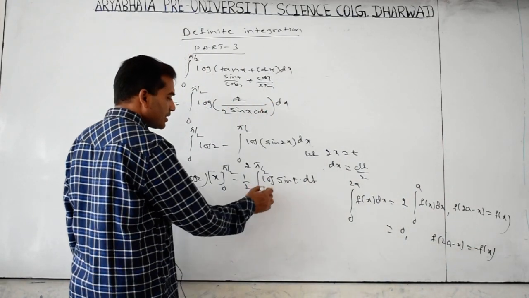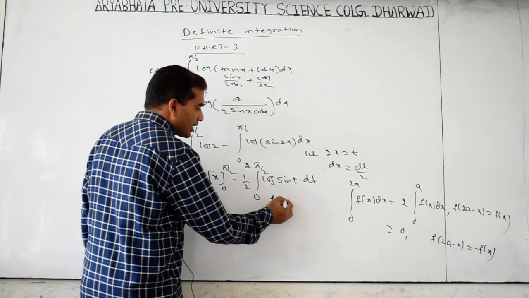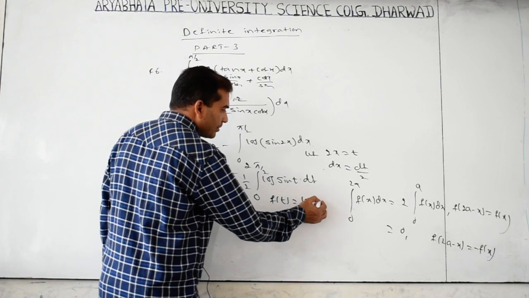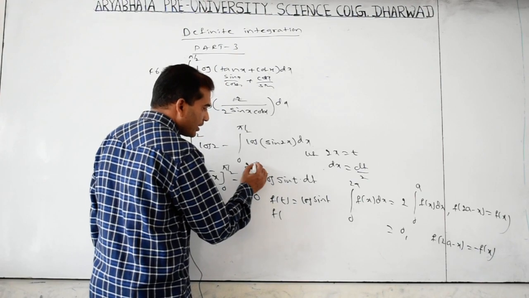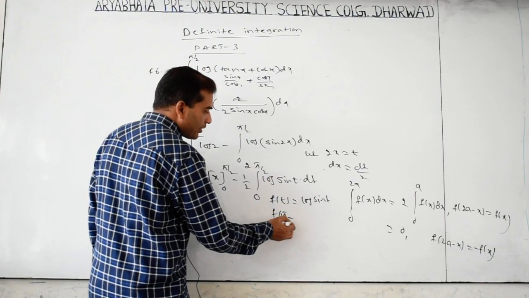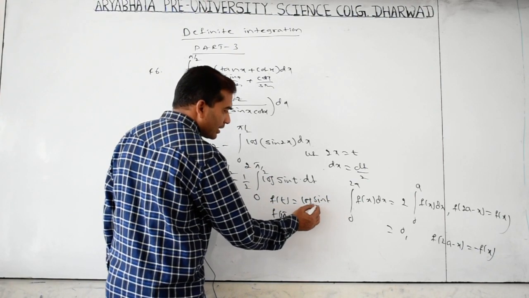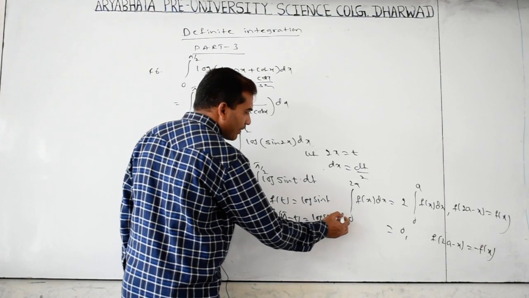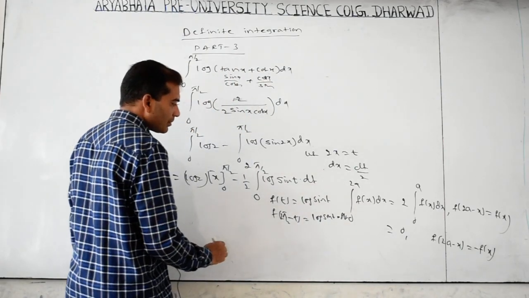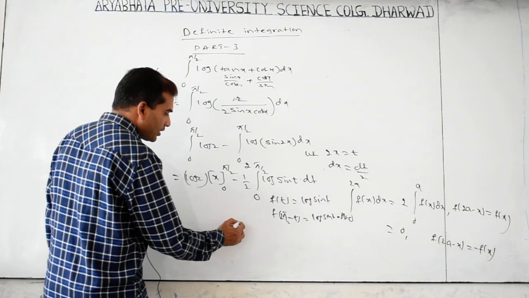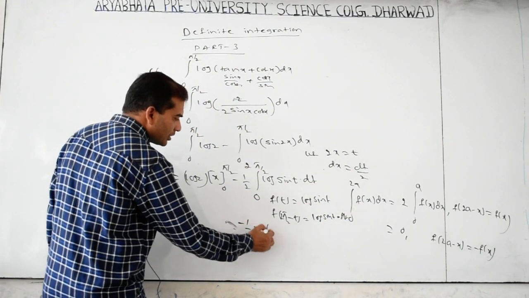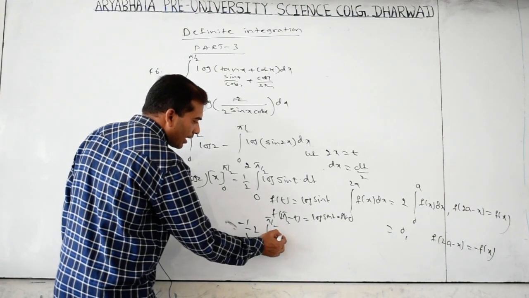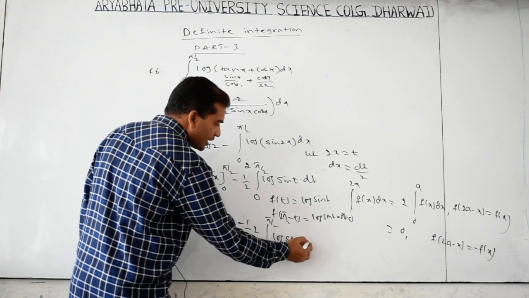Let me verify this. F of t is log of sin t. Then f of pi minus t, that is 2 into pi by 2 minus t, is also the same thing, sin of 180 minus theta is sin t, log of sin t, so we will get f of t. Then minus 1 by 2, here 2 comes, 0 to pi by 2 log of sin t dt.